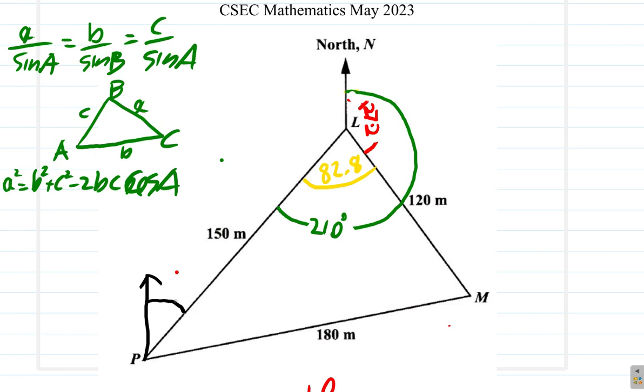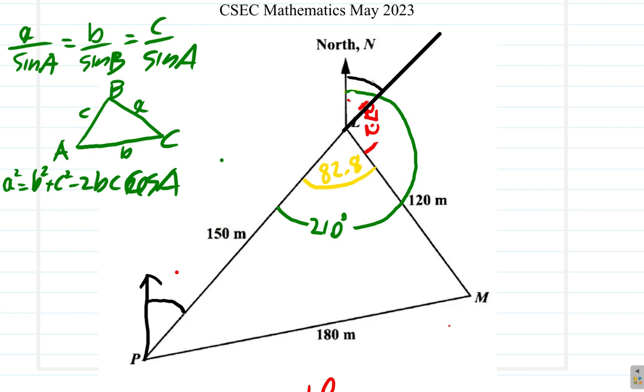Now, you have a way of finding that out. Suppose you extend this line here, then this angle would be the same as this angle, right? Same thing.